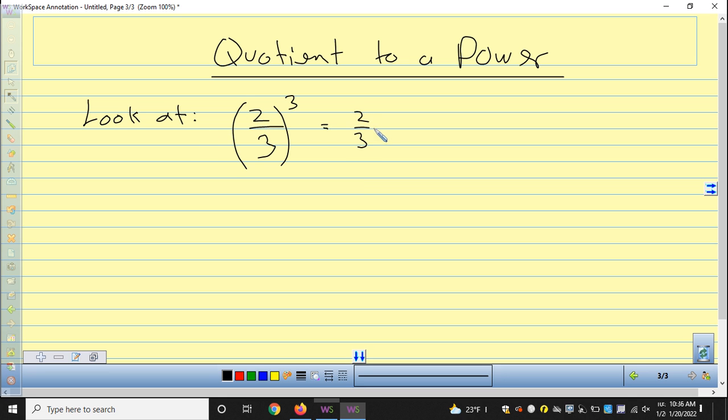So that's 2/3 times 2/3 times 2/3. When we multiply fractions, we multiply straight across. This is 2 times 2 times 2 on the top, which is 2 to the 3rd, and 3 times 3 times 3 on the bottom, which is 3 to the 3rd.